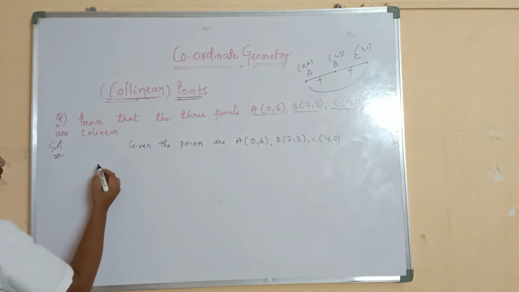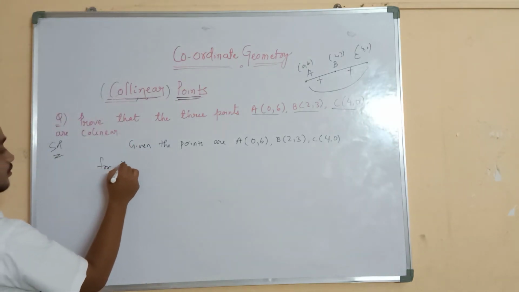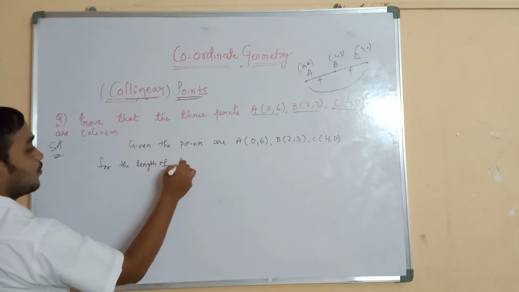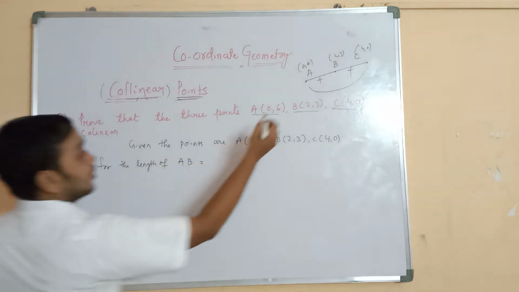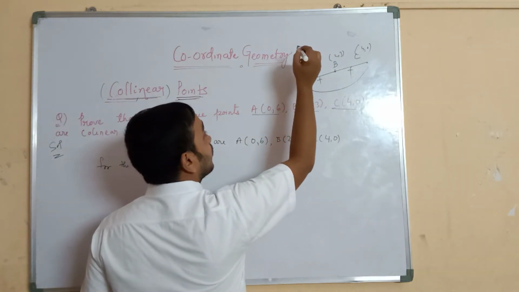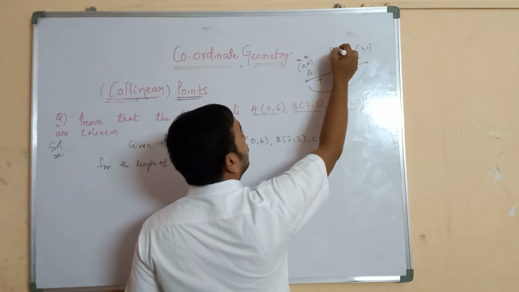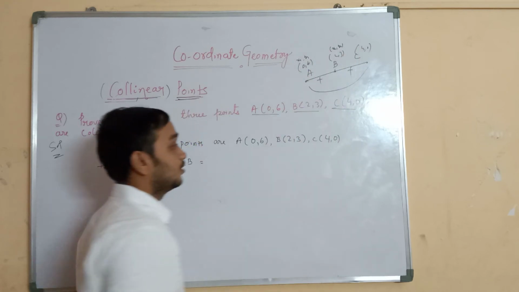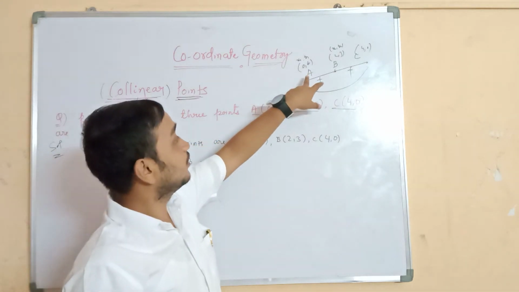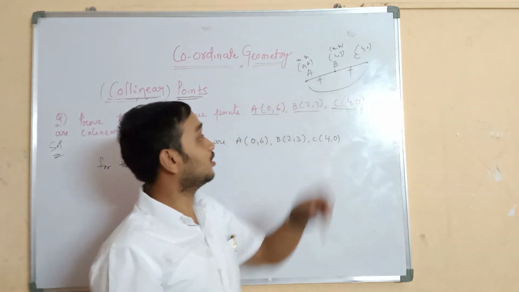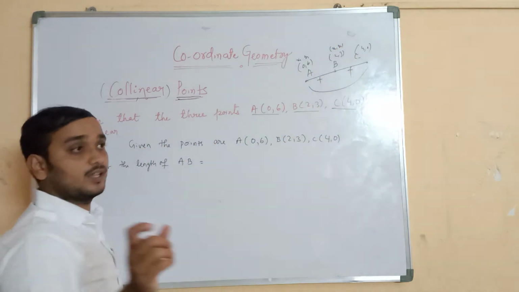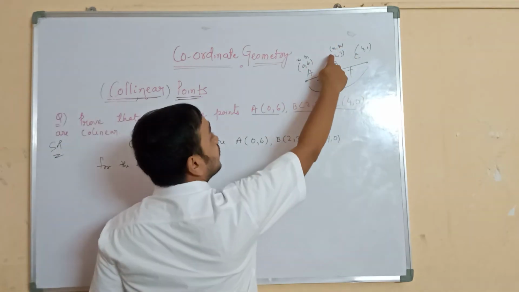See, for the length of AB, A is x1 y1 and B is x2 y2.